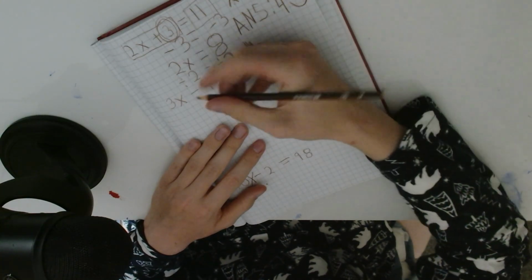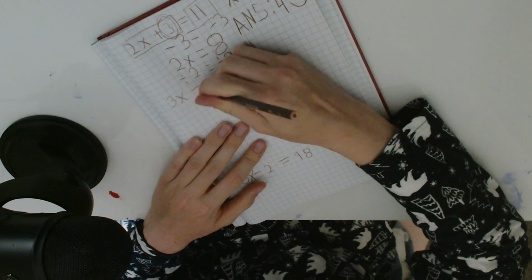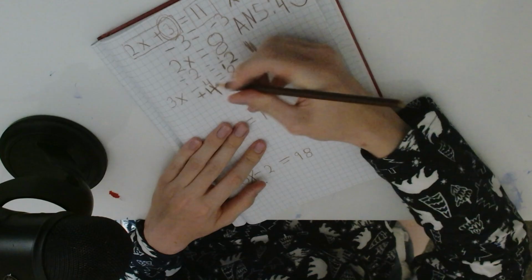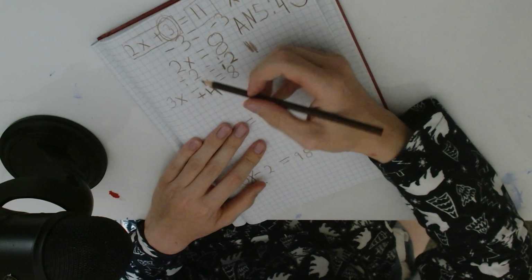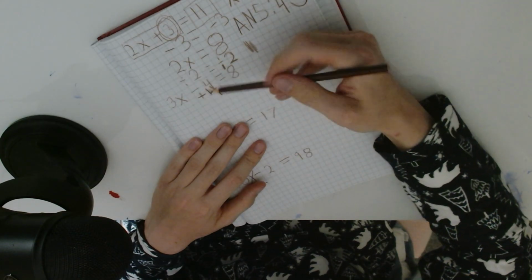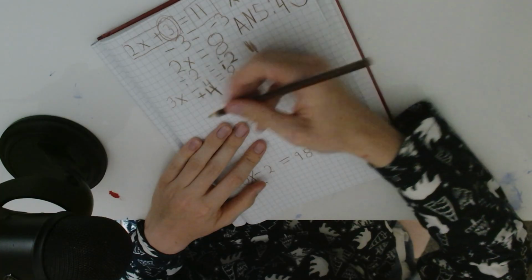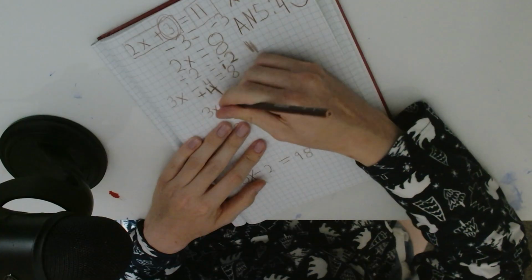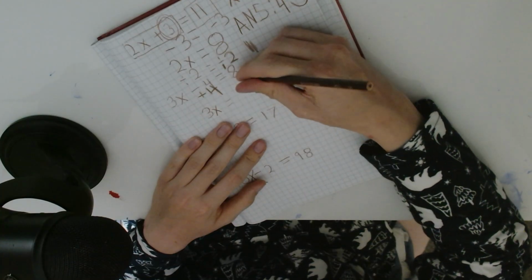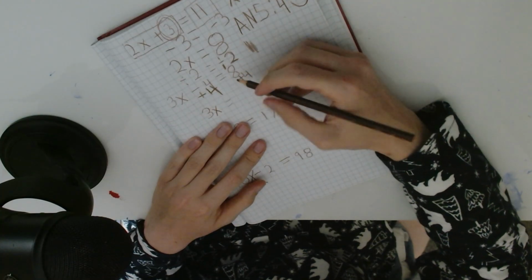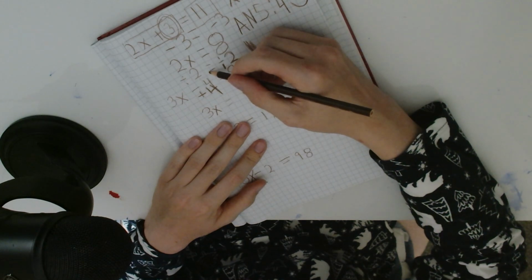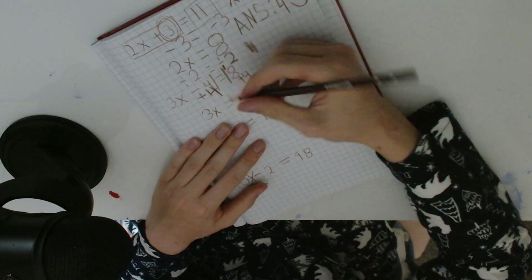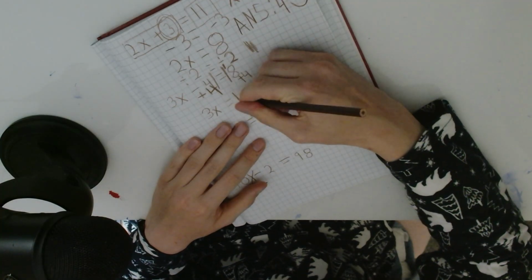So instead, we're gonna need to do plus 4. So this would just be 3x, and then we do a plus 4, because this is separate sides, and that is equal to 12.